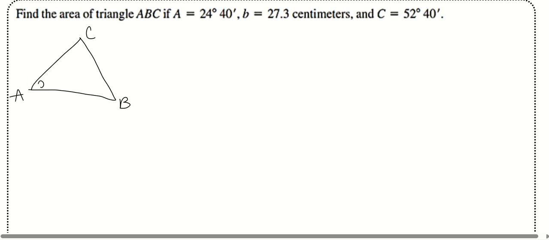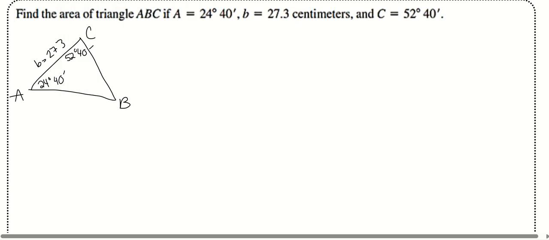A happened to be 24 degrees and 40 minutes. Little b happens to be 27.3. And big C happened to be 52 degrees and 40 minutes.